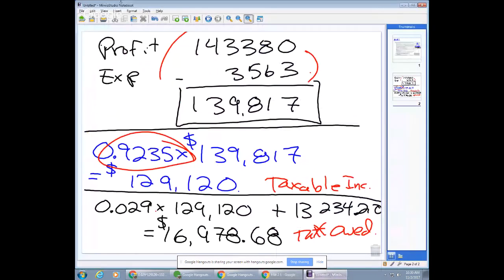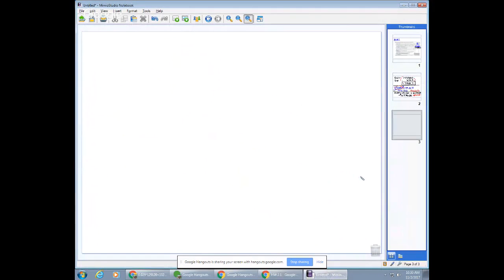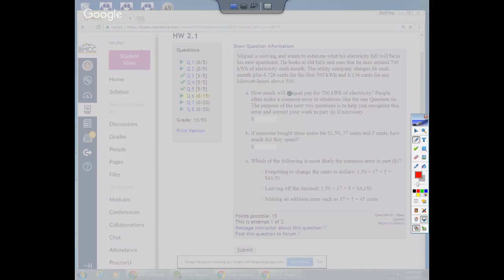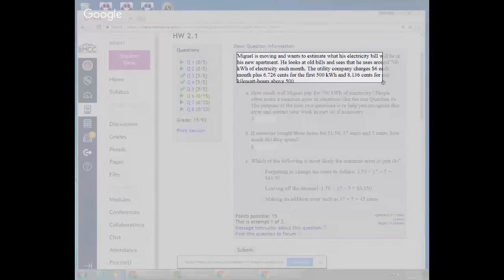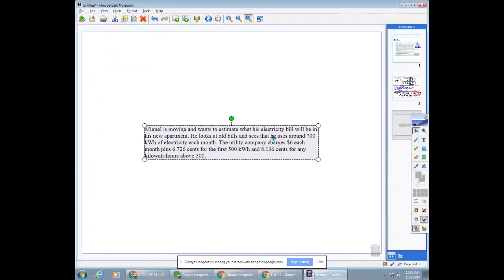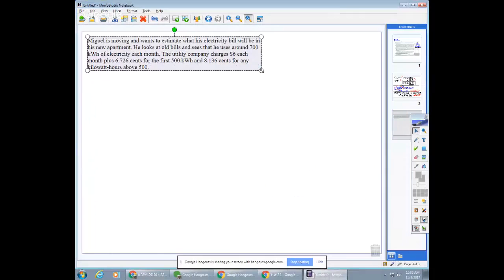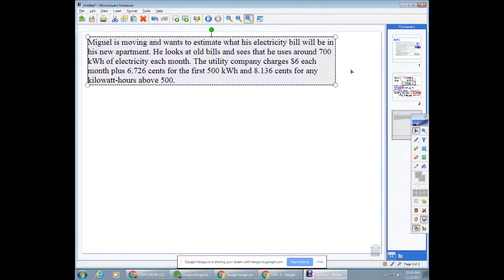So let's do it. New page, new screenshot. Come on, screenshot, where are you? There you are. So I'm just going to grab this paragraph here. Since we're going to be doing more algebra in this class, I'm going to try and rewrite this as an algebraic statement.